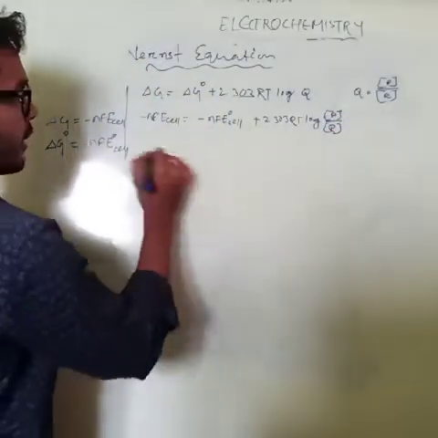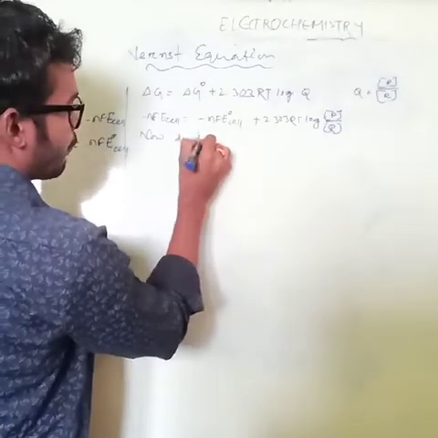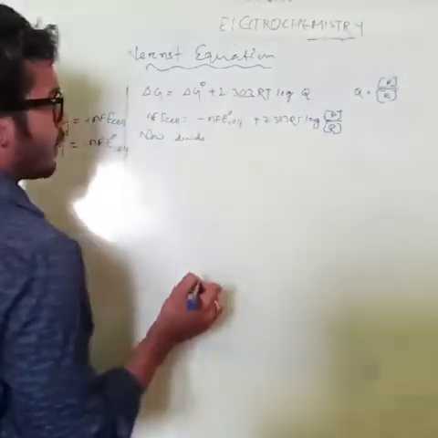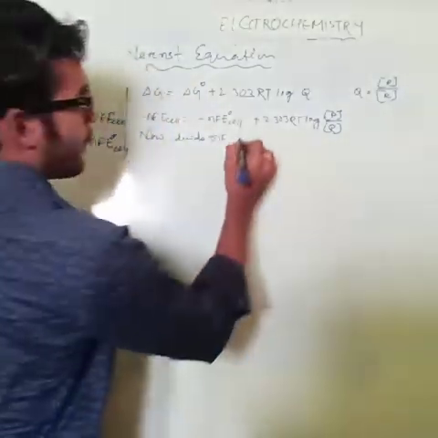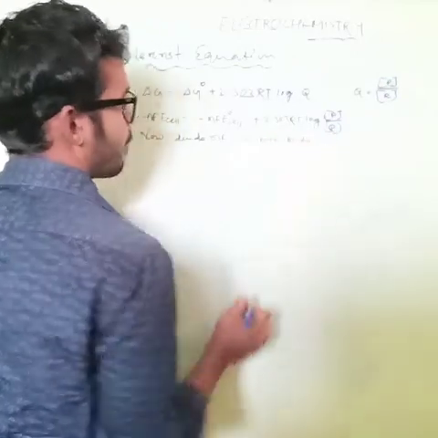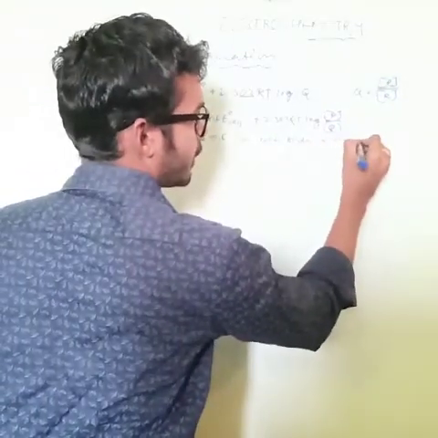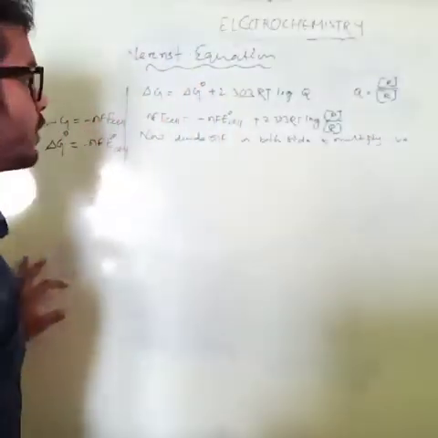Now divide nF on both sides and multiply with a negative sign.